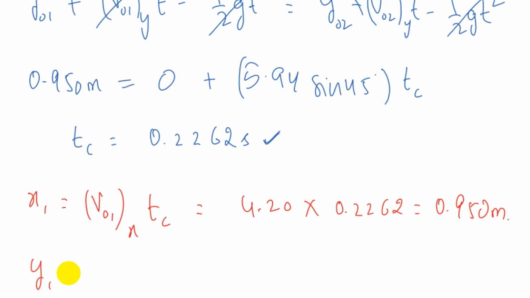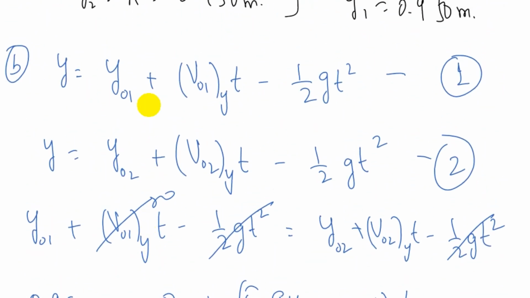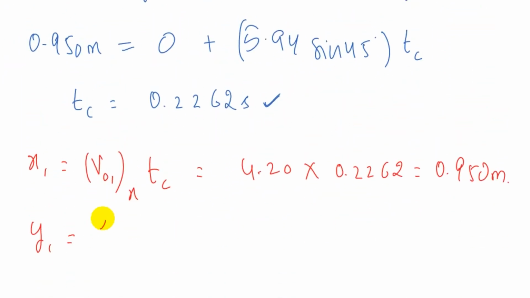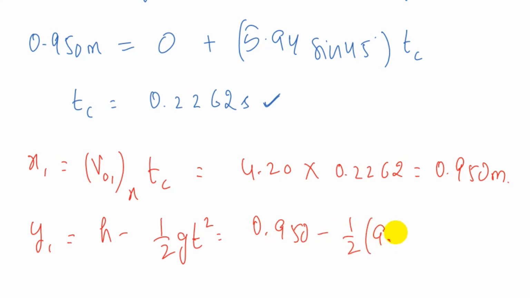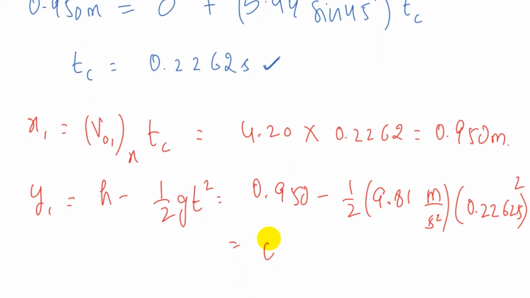Now what will be y1? y1 will be h minus 1 over 2 gt square. H we have 0.950 meter minus 1 over 2, g is 9.81 meter per second squared, multiplied with t, which is 0.2262 second, whole squared. So from here we get the value to be 0.699 meter. So these are the coordinates where marble 1 and marble 2 will collide.